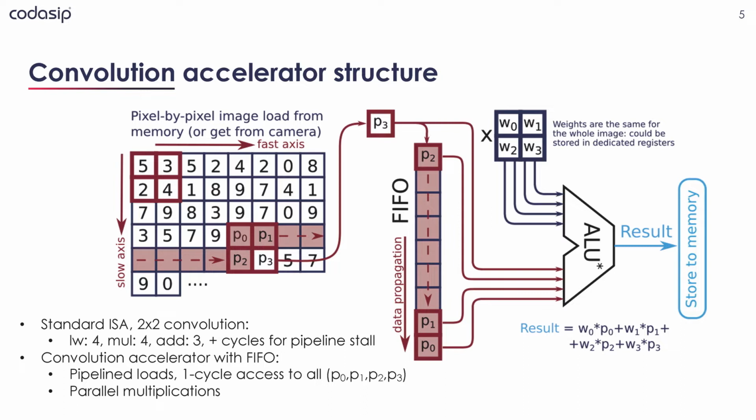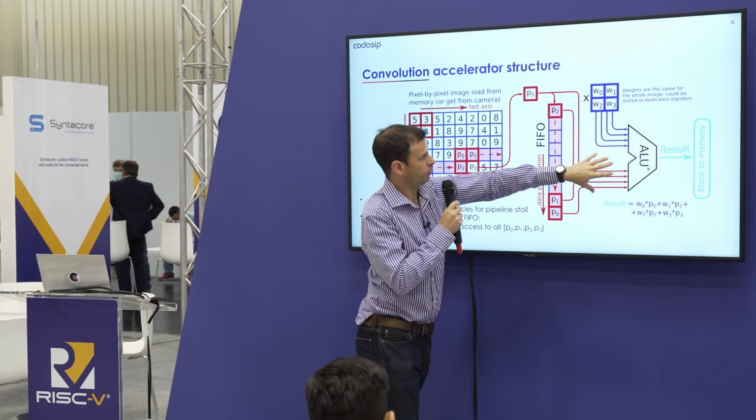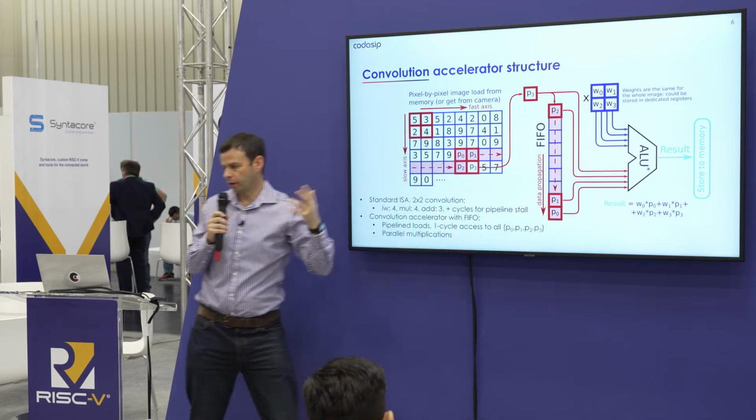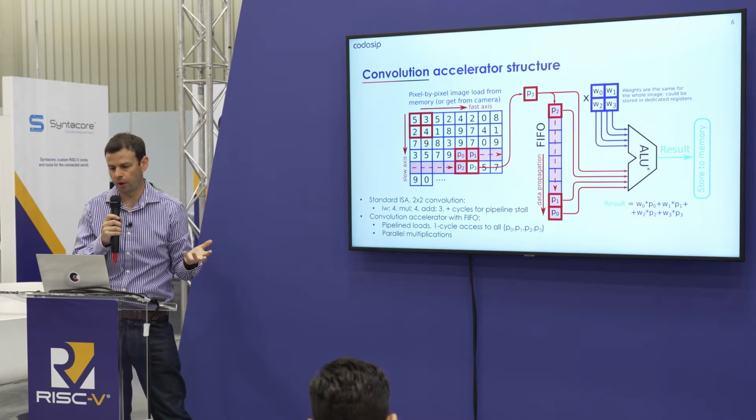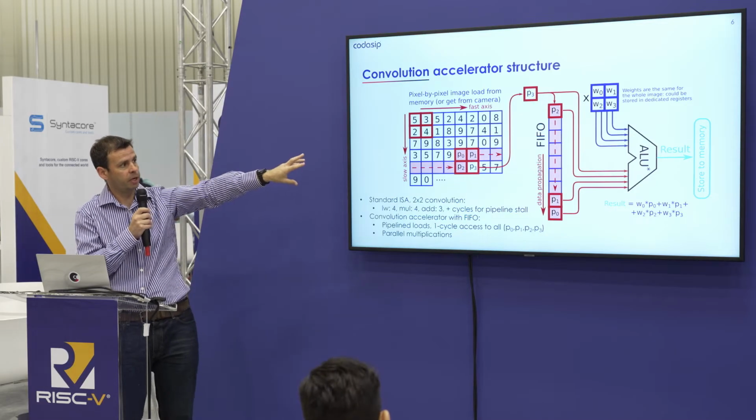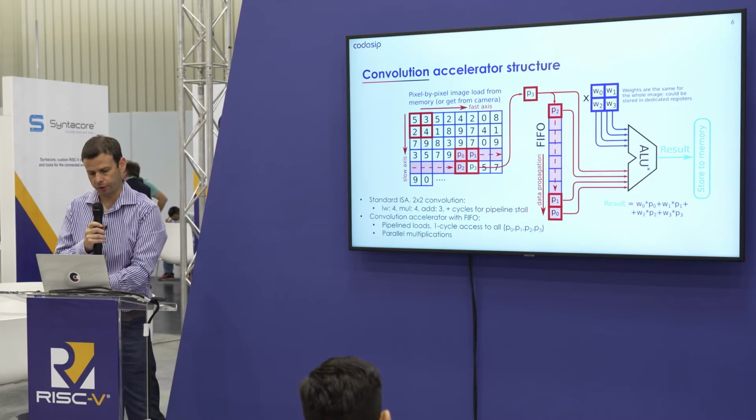Each cycle, we push a new element on and the old one will pop off, and we can use all of those with the weights. The weights might be stored in dedicated registers, either in the standard register file, or you create some custom registers. All of this can be done within our Studio tool, and I'm going to show you how in a second, but this gives you the ability to do all of that convolution in a single cycle.